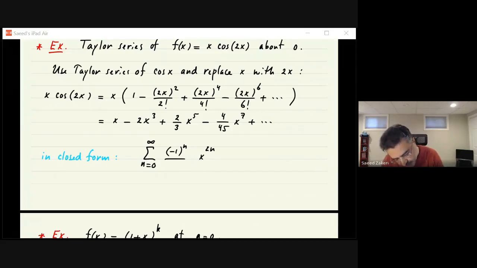We're talking about cosine. 2n factorial times x to the 2n. That's cosine, right? And then cosine 2x means I have to replace my x by 2x. So here I get 2x to the power 2n, which is 2 to the power 2n times x to the power 2n.